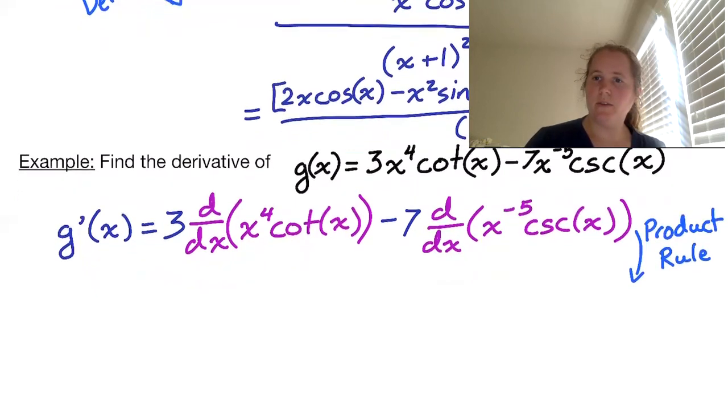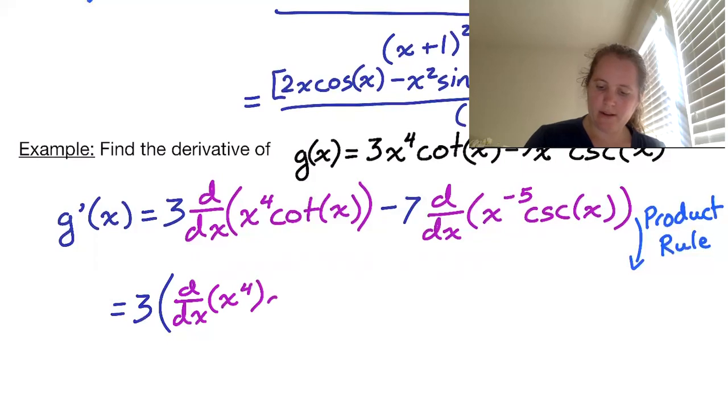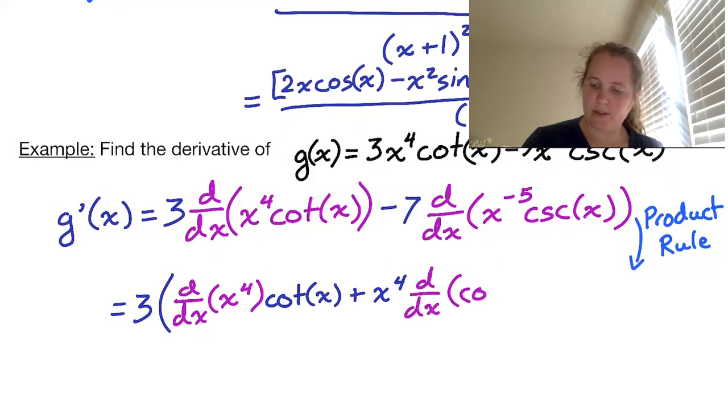So we have our 3 times the derivative of the first, the derivative of x to the 4th, times cotangent of x, plus the first, x to the 4th, times the derivative of cotangent of x.